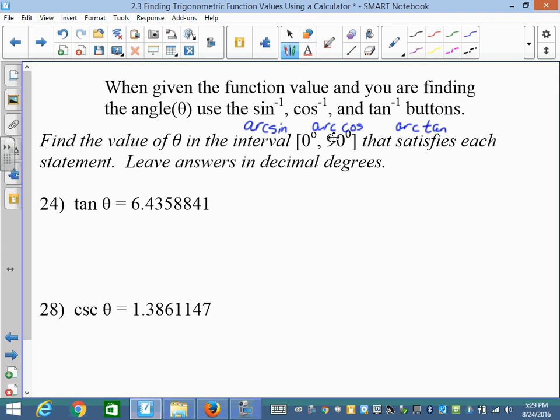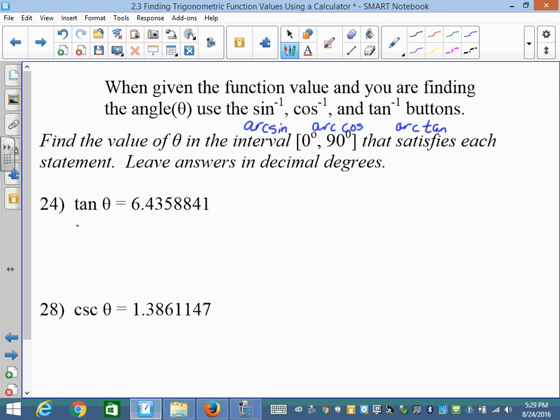The very first one is asking you to find the tangent of theta. These are inverse functions for sine, cosine, and tangent. Inverse undoes what had already been done.